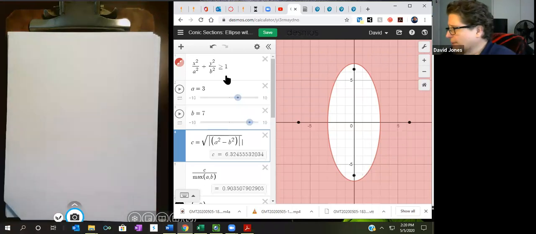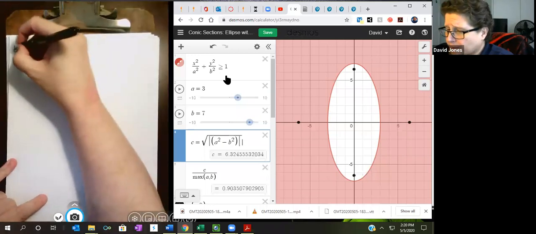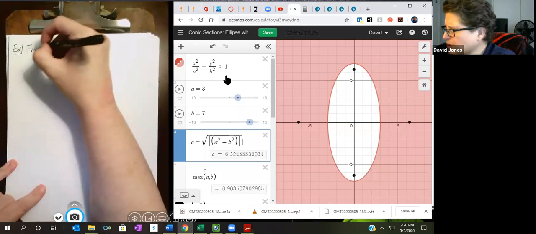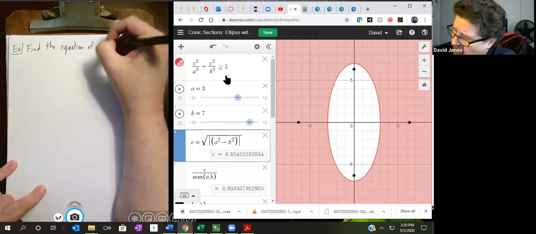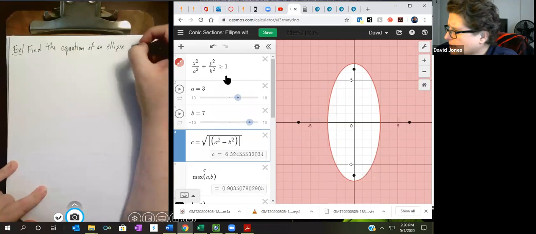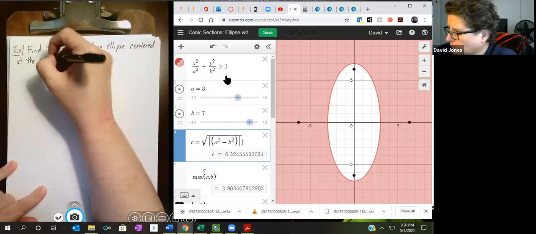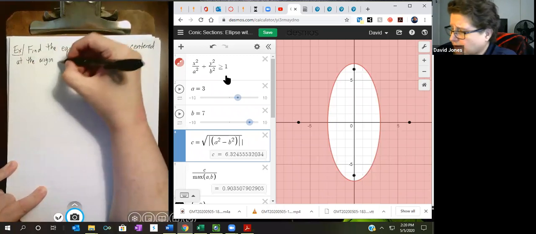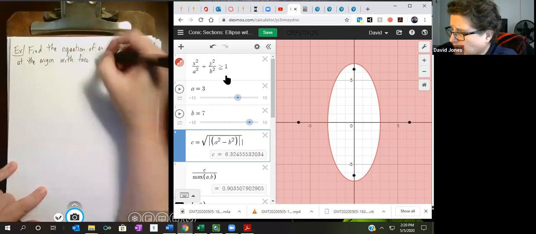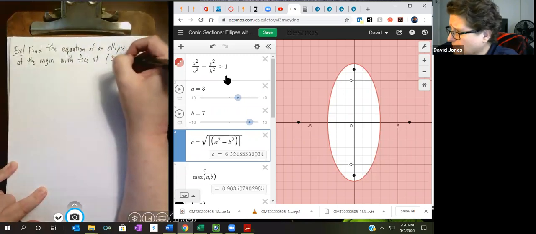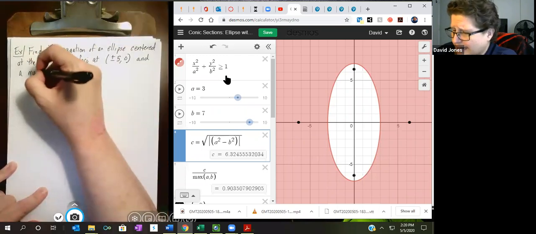So let's kick it up a notch. Now, we're not going to start with the equation. Find the equation of an ellipse centered at the origin with foci at plus or minus 5, 0, and a major axis that is 18 units long.